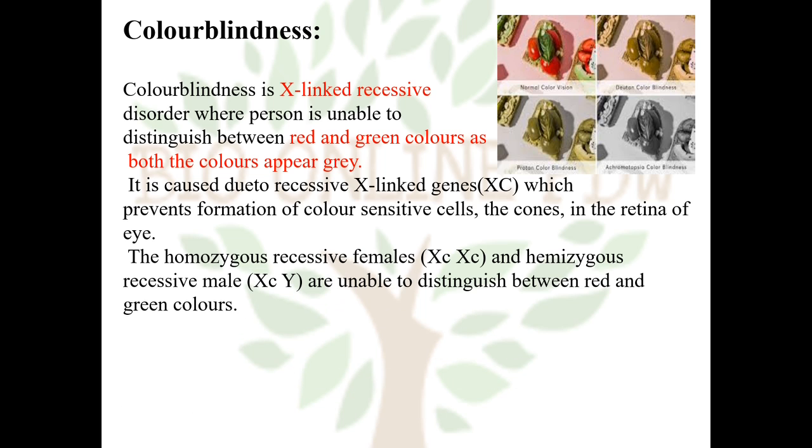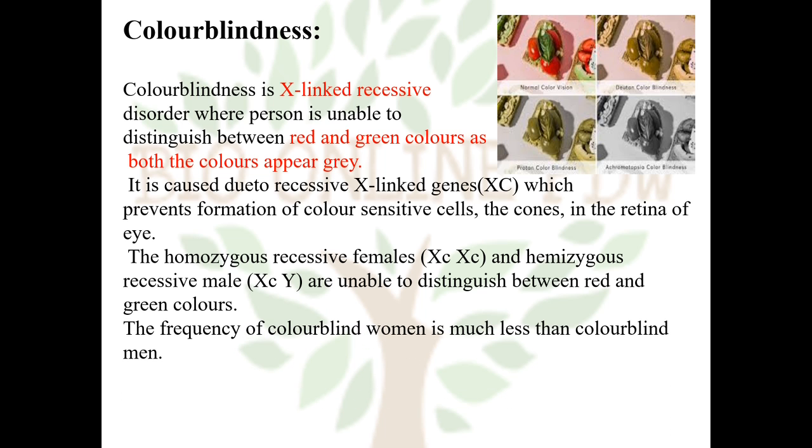Homozygous recessive females having genotype capital X small c, capital X small c, and hemizygous recessive males, that is capital X small c Y, are unable to distinguish between red and green colors, so these are the colorblind persons. The frequency of colorblind women is much less than colorblind men.